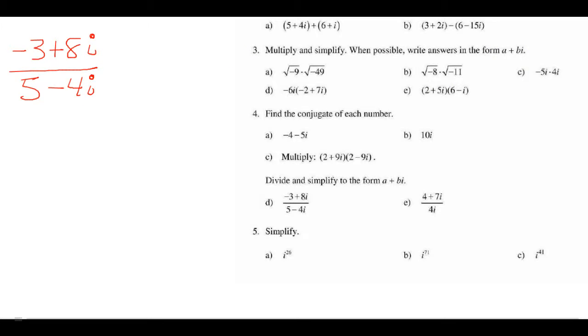Now here we want to use the conjugate of our denominator. So the conjugate of this will be 5 plus 4i, and we have to multiply by 1, so this is going to be the same.